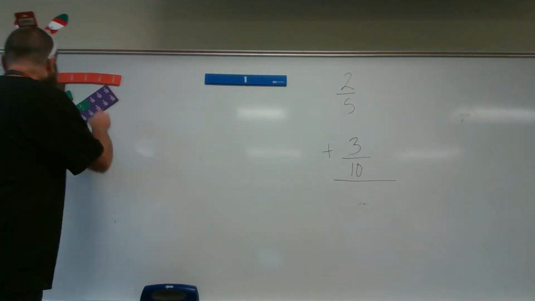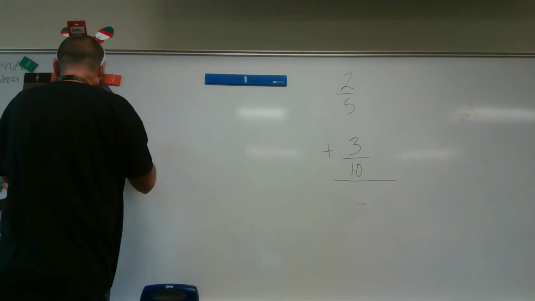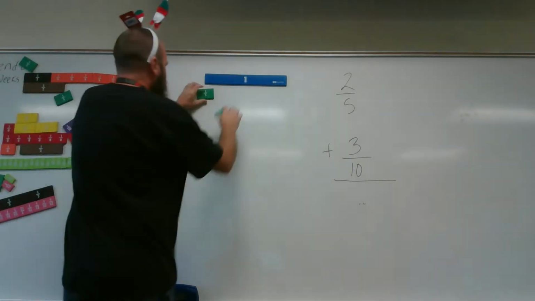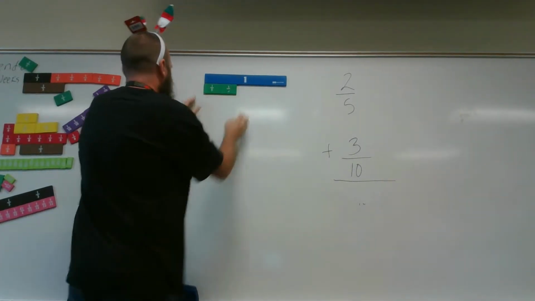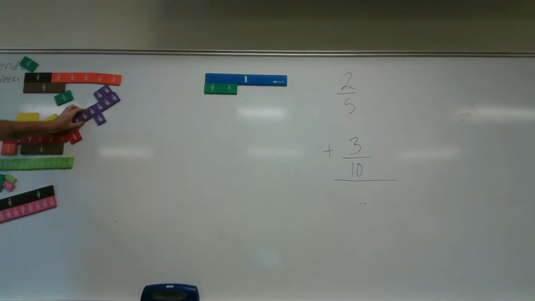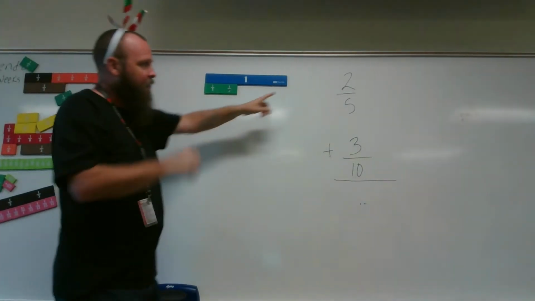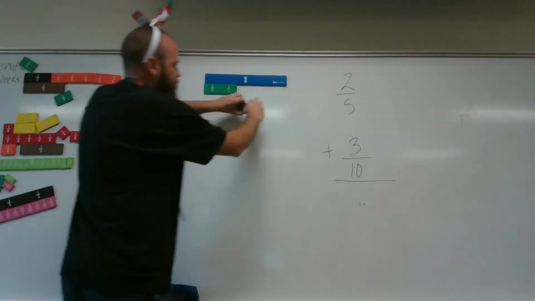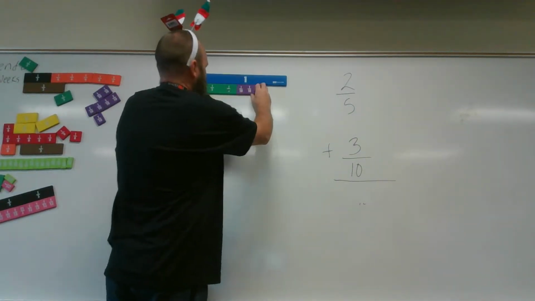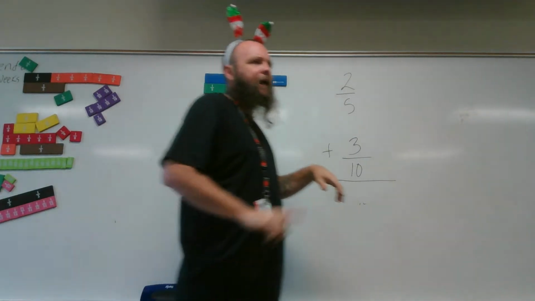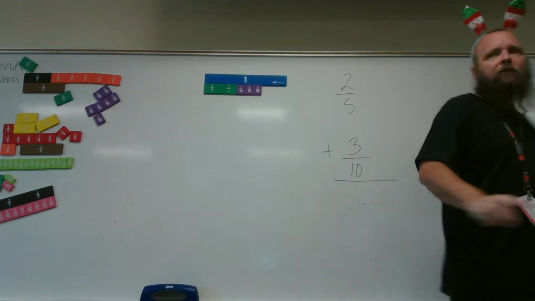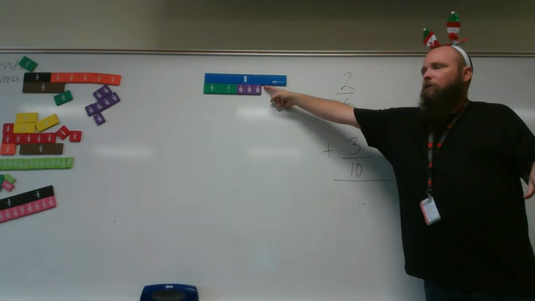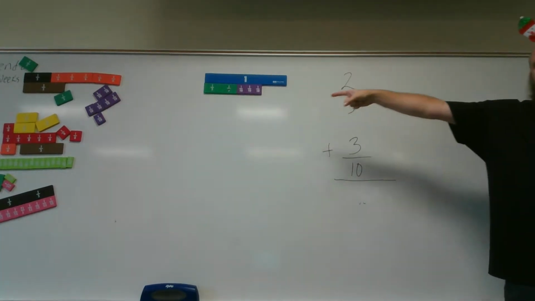So I start by taking 2/5. That's my first addend, 2/5. My second addend is 3/10. So, Caitlin, this is less than 1.